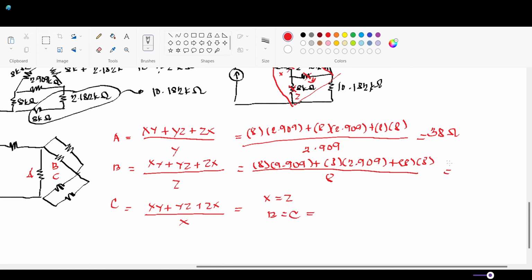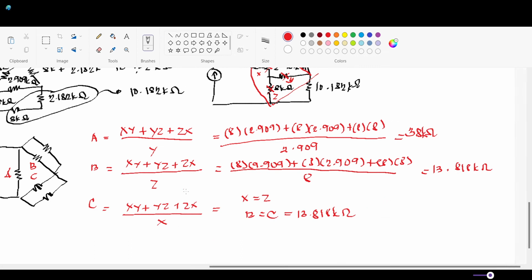The answer will be 13.818 kilo ohms. This is in kilo ohms too. This is also 13.818 kilo ohms. Alright. So we already know the values of A, B, and C. Let's continue.